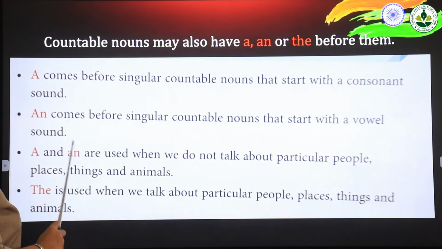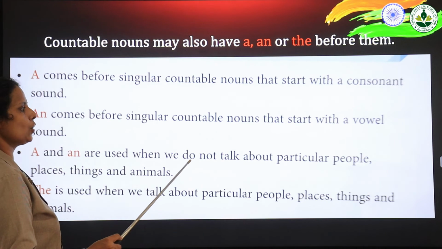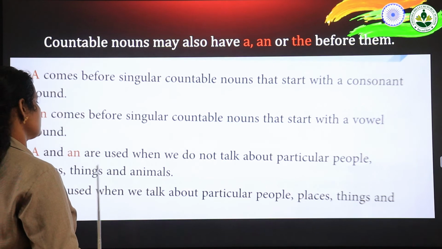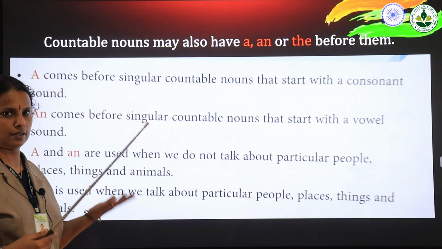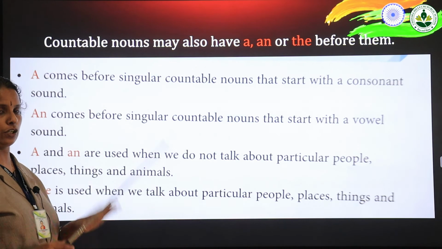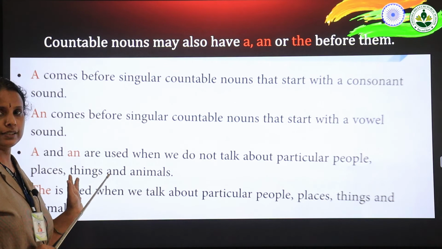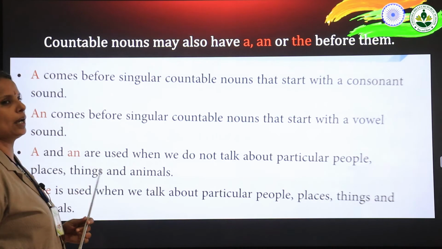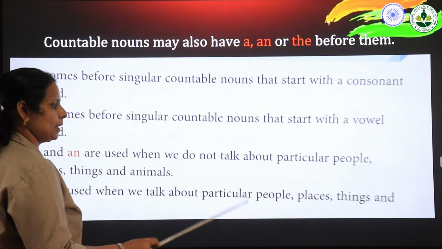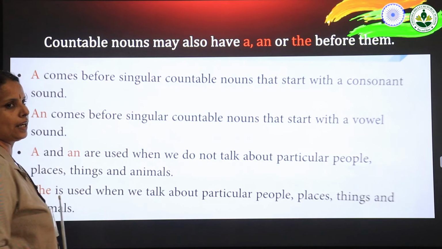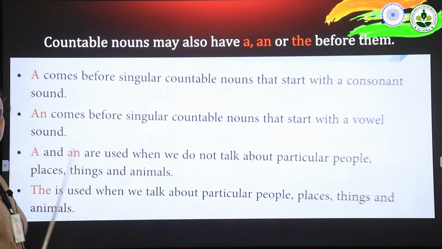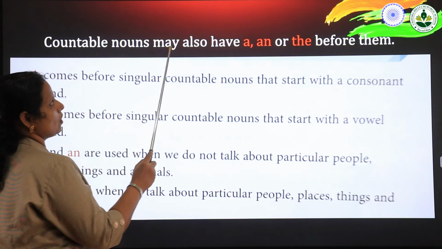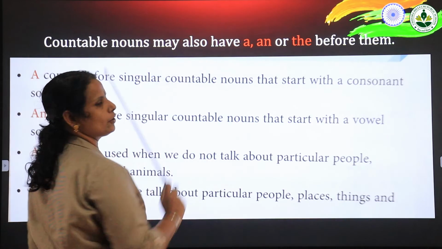Then a and an are used when we do not talk about particular places, things and animals. So if we are not speaking about a particular place, particular animals or particular things, we have to use a or an. And if we are talking about a particular place, particular people, particular things and animals, we have to use the. Did you understand? So once again remember that countable nouns also have a, an or the before them.